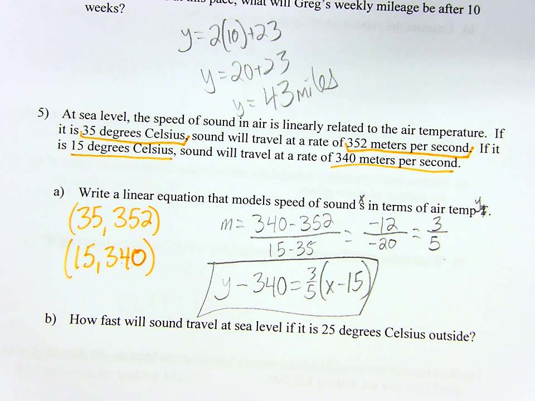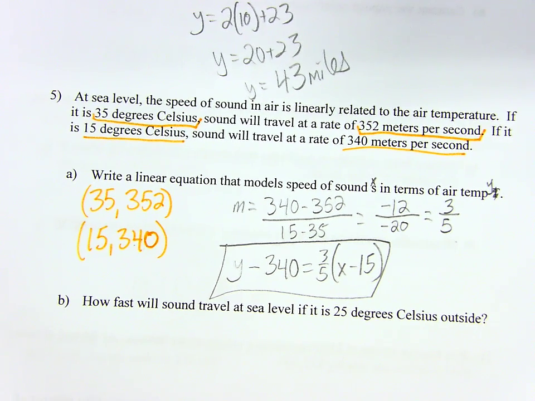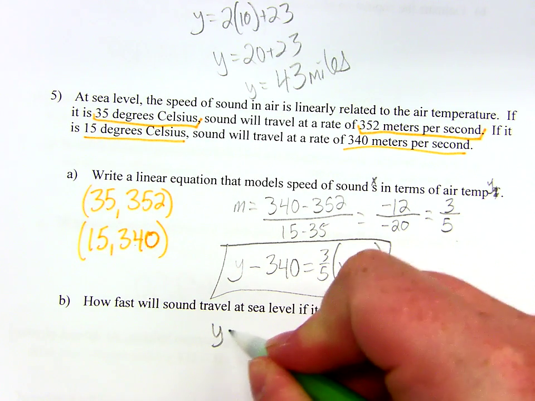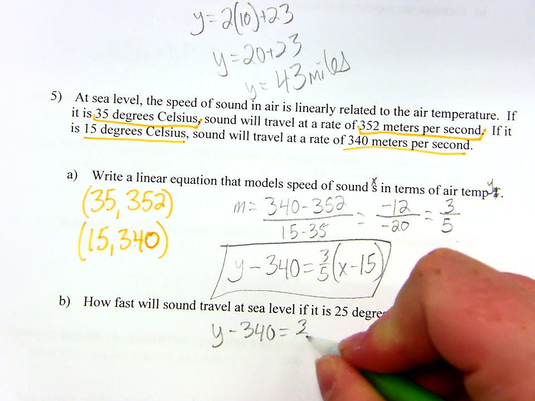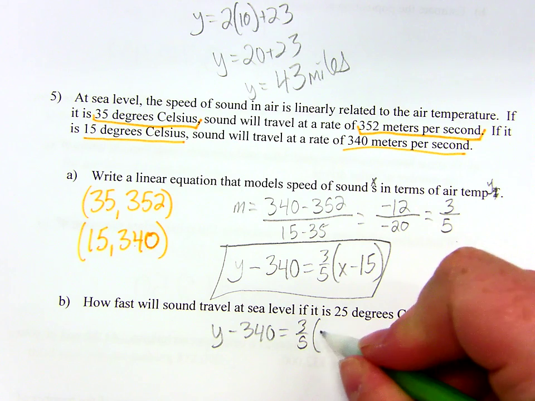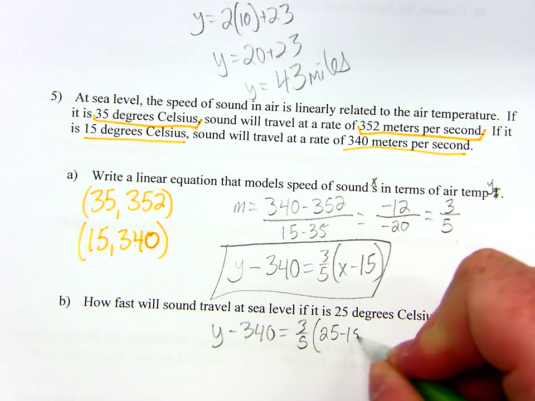Part B asks, how fast will sound travel at sea level if it's 25 degrees Celsius outside? So what do I do with 25 to get my answer? That's it. So I'll just do y minus 340 equals 3/5 times 25 minus 15.